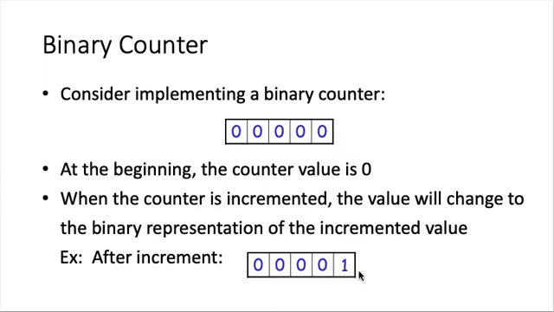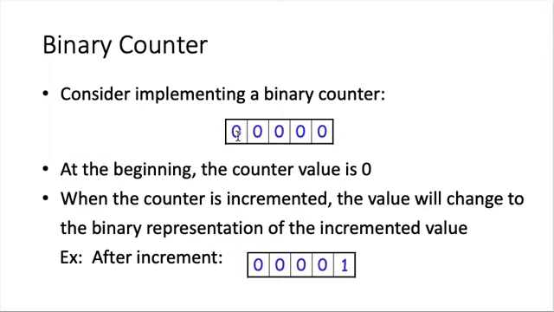Okay, so let us take a look at another example. This is called the binary counter problem. Here we are implementing a binary counter. A binary counter has a certain number of bits, at the beginning all set to 0. These bits represent a certain number in binary format.